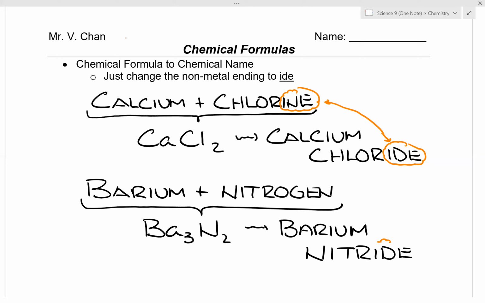As a general rule, you change the last syllable to -ide. So for example, chlorine is 2 syllables, chloride is 2 syllables as well. Nitrogen is 3 syllables, so nitride is 2 syllables, okay?